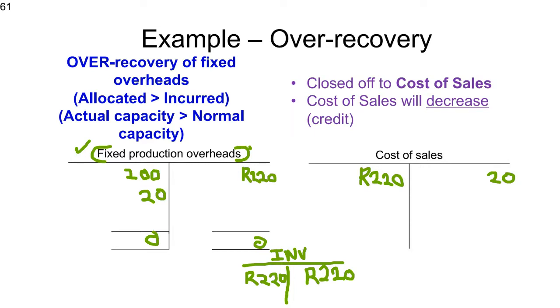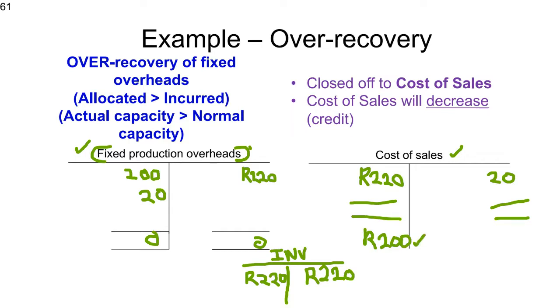Okay. Does everybody understand now what an over recovery is and how you pass the journal for the over recovery? What we're trying to do is make sure that the accounts reflect what actually happened, which means our cost of sales is now sitting, if we had to draw a balance, which you'd never do in cost of sales, but anyway, for example, at 200 Rand.